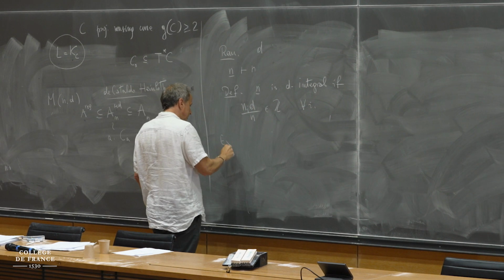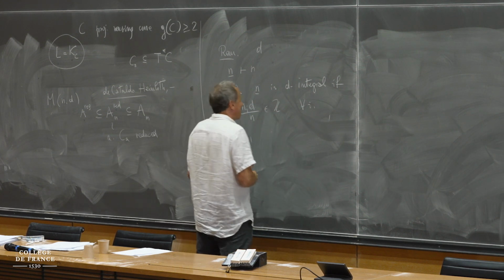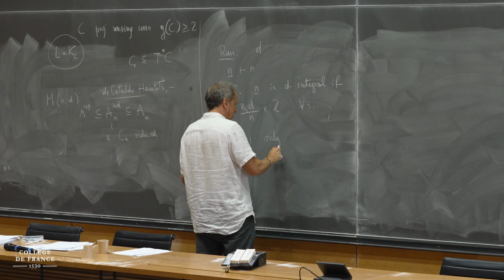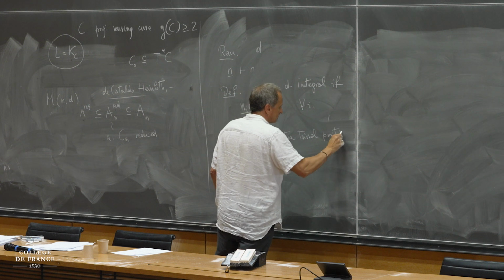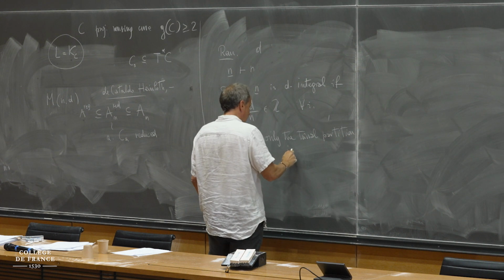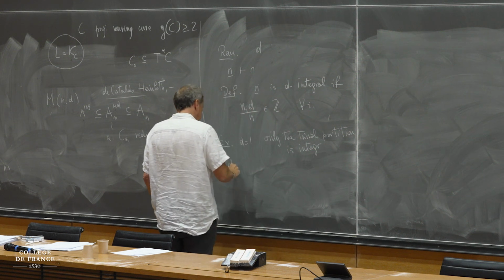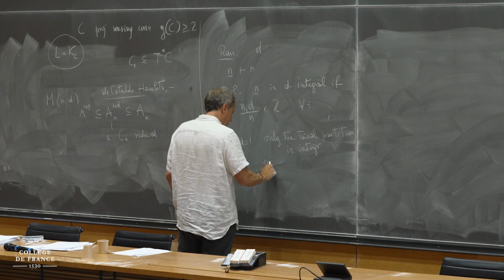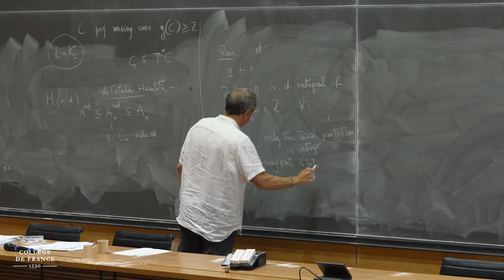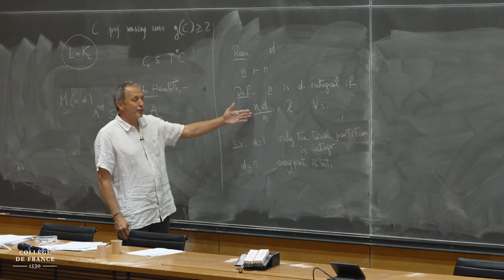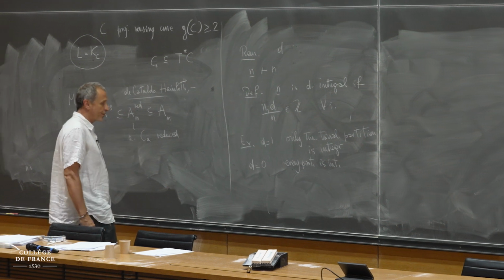So for example, if d equals 1 and n is bigger than 1, only the trivial partition is integral. If d equals 0, every partition is integral. This of course depends only on the greatest common divisor of d and n.